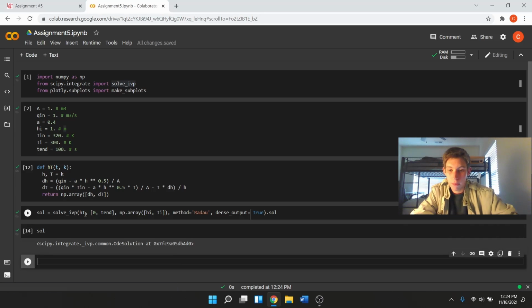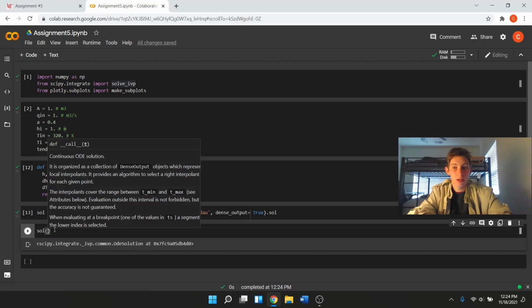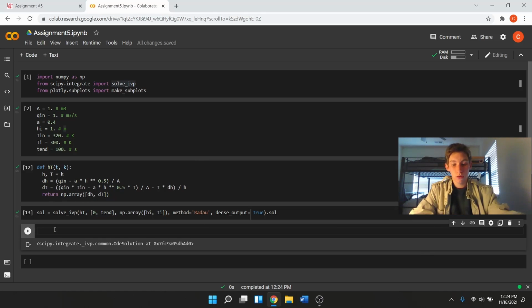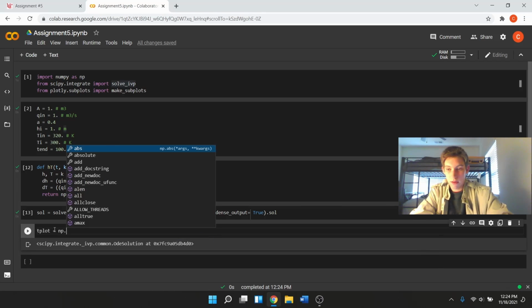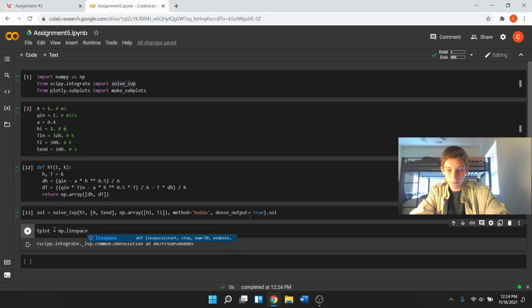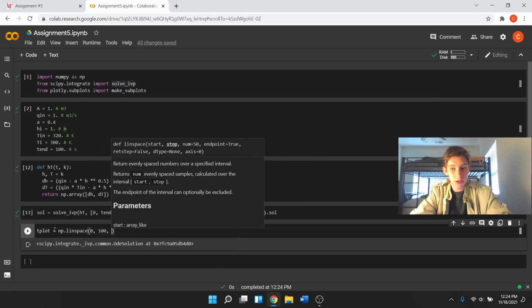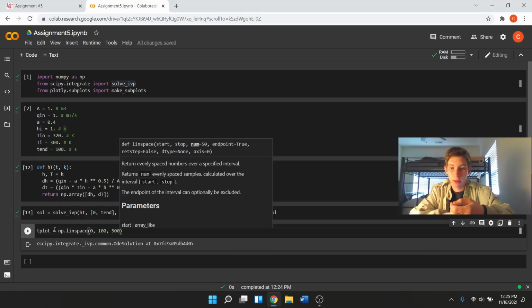So if we look, we can't tell much right now, but if we were to put in a time, it would give us values for both the height and the temperature. First, we need to make kind of an array of points from 0 to 100. We'll call it t-plot, because we'll ultimately use that in our scatter plot. And then we'll use NumPy's linspace from 0 to 100, and we'll do 500 points.